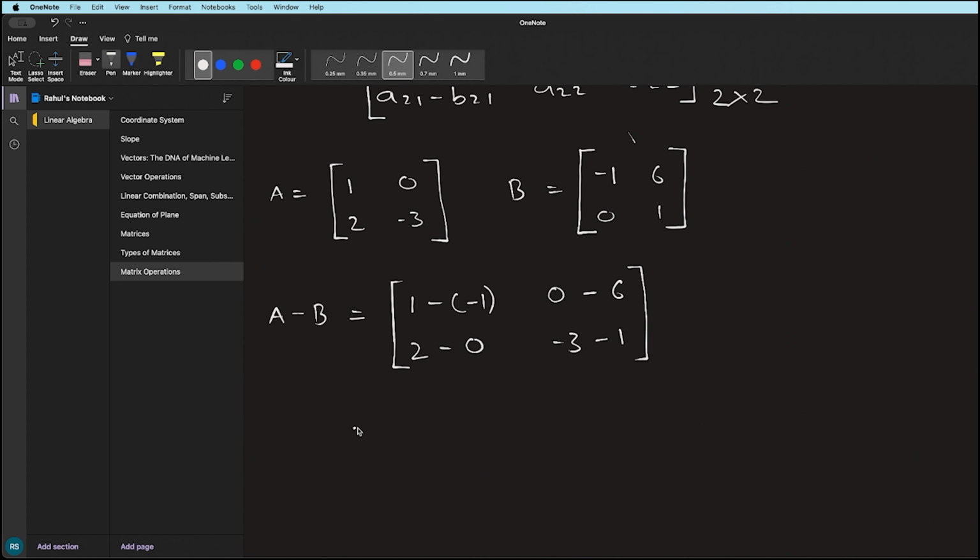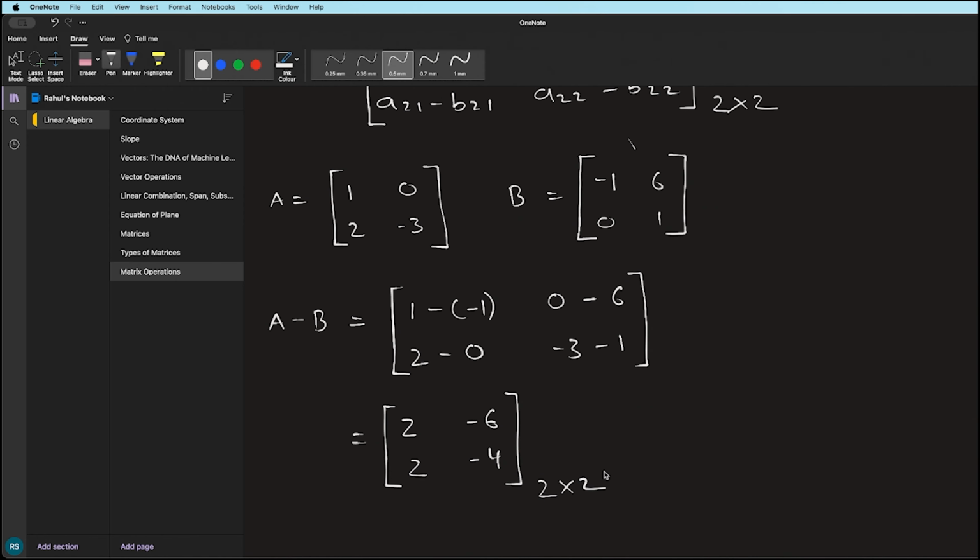So the result will be 2, -6, 2, -4. And this is also a 2 cross 2 matrix.